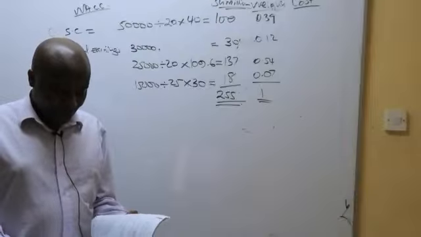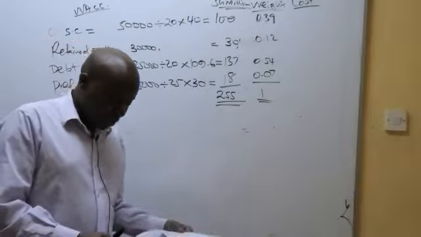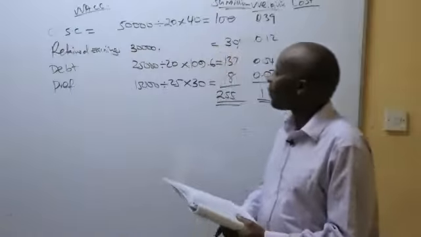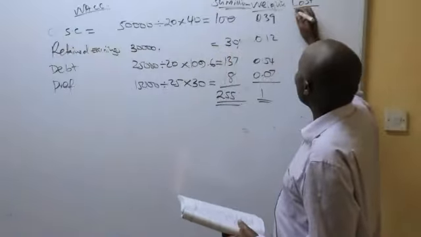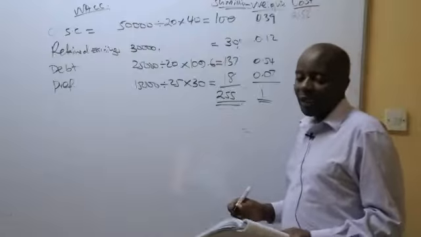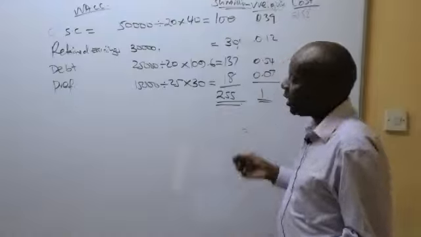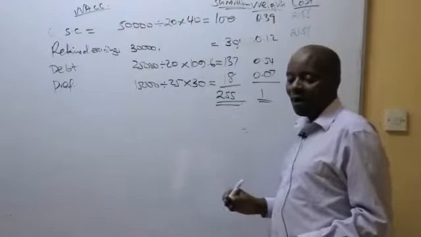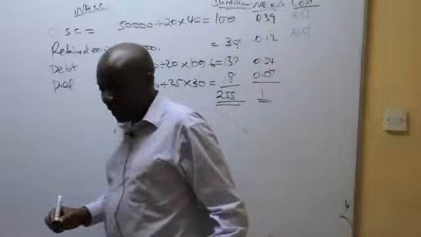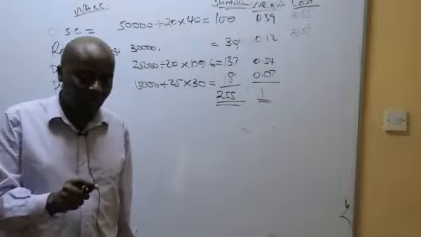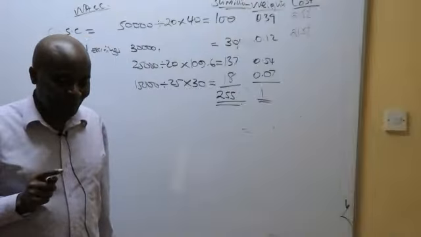So the cost of ordinary shares, we got a figure of 21.5%. Retained earnings, of course, falls under equity, so it will also be 21.5%. But remember, ladies and gentlemen, these two have the same figures only because we don't have flotation.